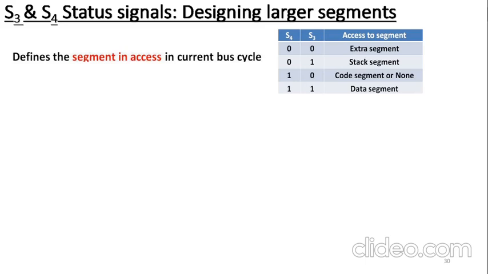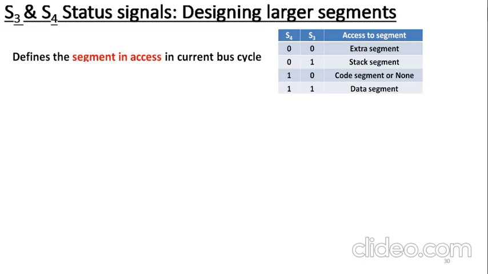In that case, the processor is still running, but it is performing only no operations. And within those no operations, none of the segments will be accessed by the processor in each of the subsequent bus cycles.